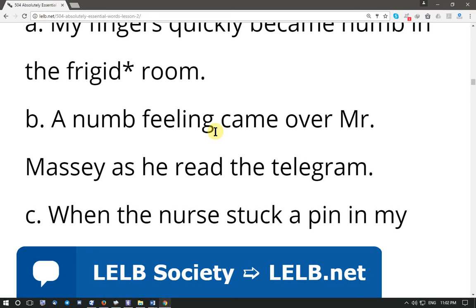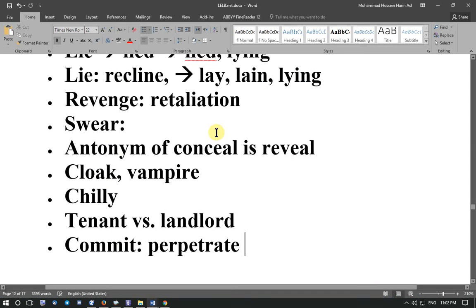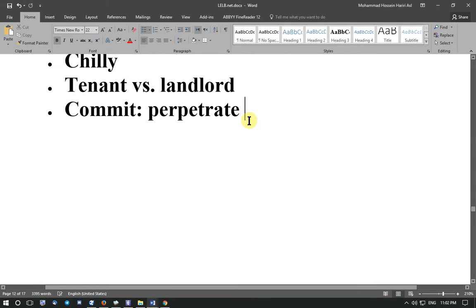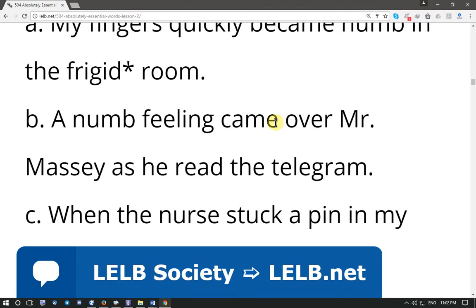Let me write it down. Mr. Massey, hold on. Okay, I made some adjustments to my monitor.